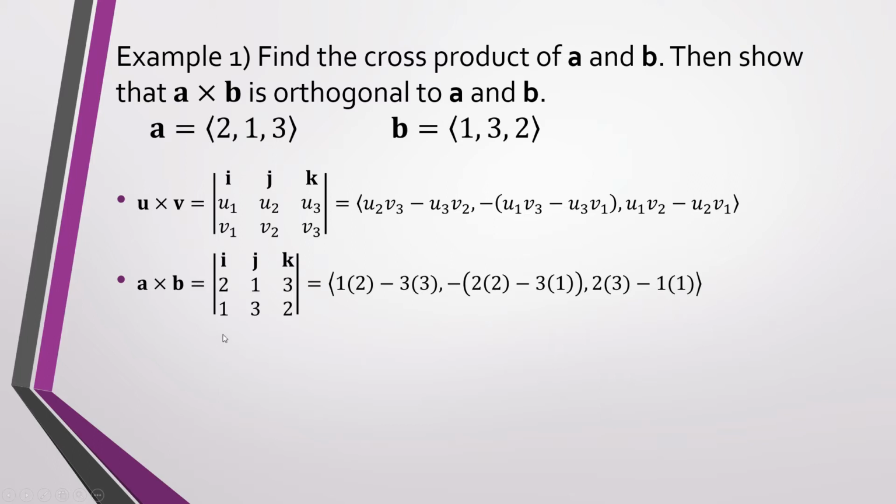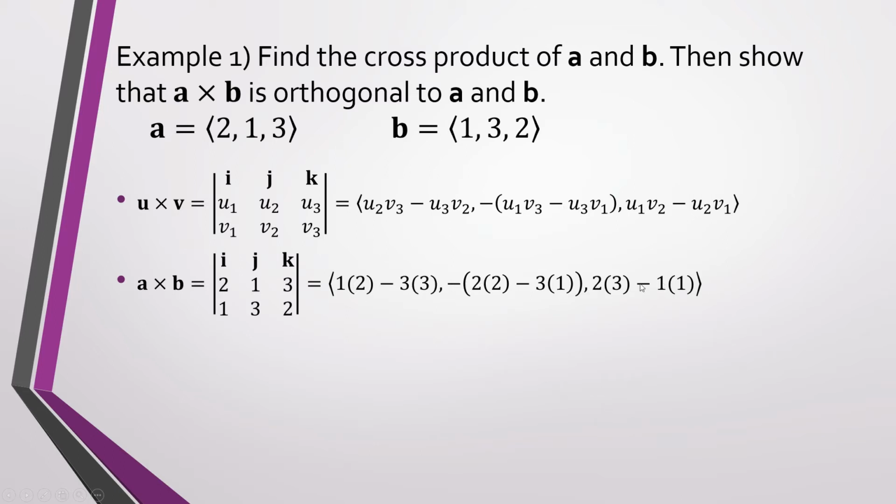For our x component, we ignore the terms in our x column and multiply our first diagonal, 1 times 2, minus the second diagonal, 3 times 3. For our y component, we ignore the y column, multiply that first diagonal, 2 times 2, minus the product of the second diagonal, 3 times 1. We just have to remember for our y component, this is going to be the opposite of that.